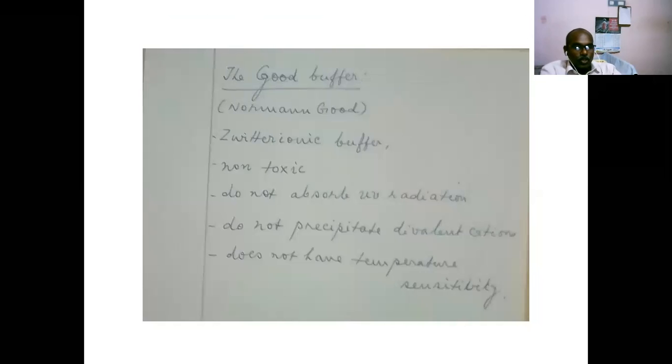So next one, Good buffer. It is not a good or bad buffer. It is the buffer synthesized by a scientist called Norman Good. That is why it is called a Good buffer. It is a Zwitter ionic buffer. What is a Zwitter ion? In the amino acid unit, the amino group can become an ion by gaining one proton, NH3 plus.